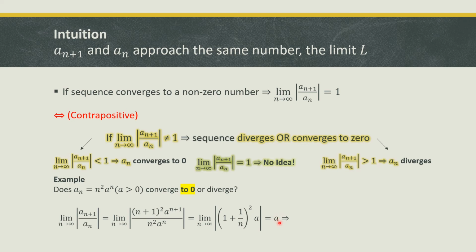And that means that if a is less than 1, we get convergence to 0, and if a is greater than 1, we get divergence. And again, we cannot use this test if a equals 1. If a equals 1, we cannot use this test, but we can see that it will become n squared times 1, and so we know it still diverges when a equals 1.